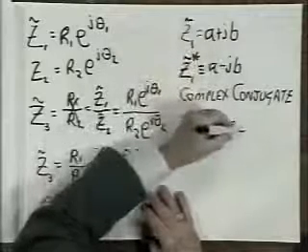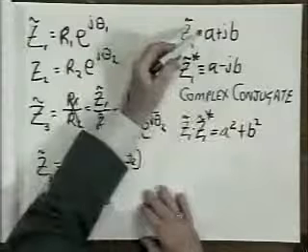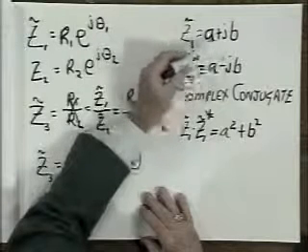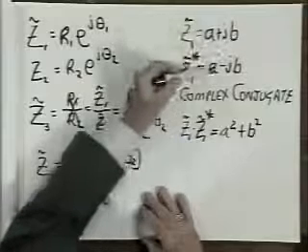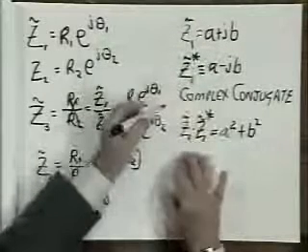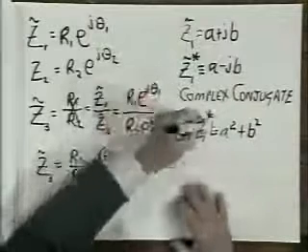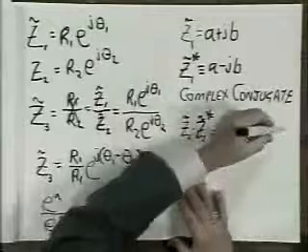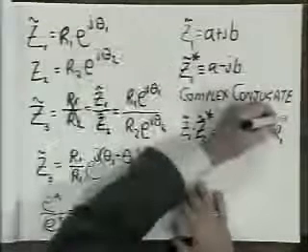So I have a squared plus b squared. And then I have j times minus j times a times b, and from this cross product, plus j times a b. So the imaginary parts cancel. And the product of a complex number and its complex conjugate is a real number, which is the magnitude of the complex number, r1 here, squared.